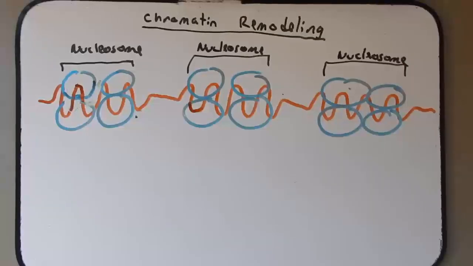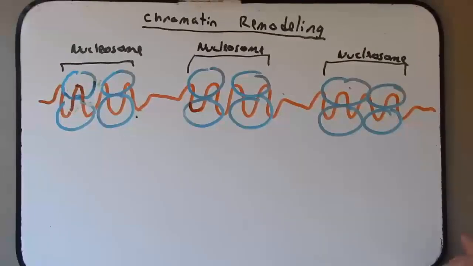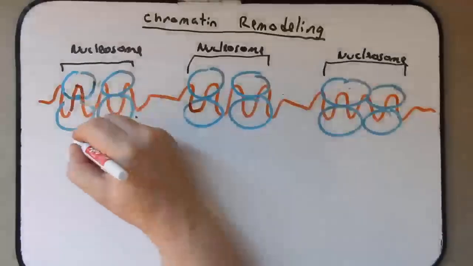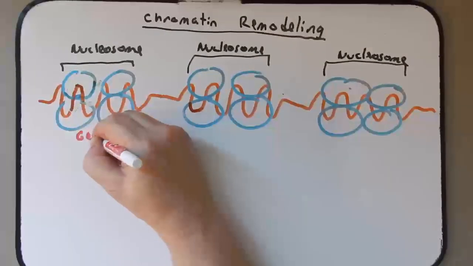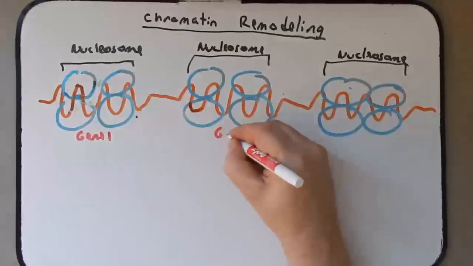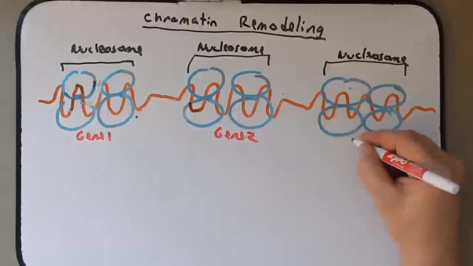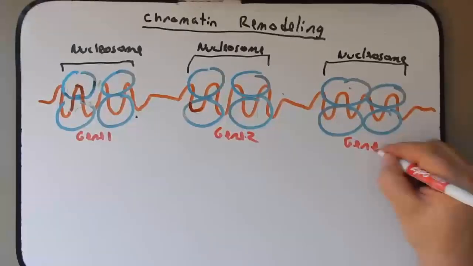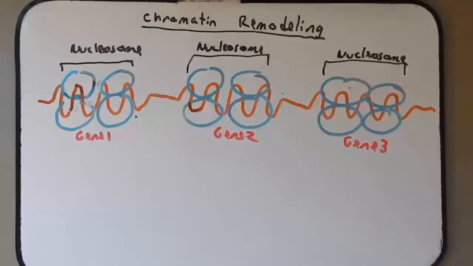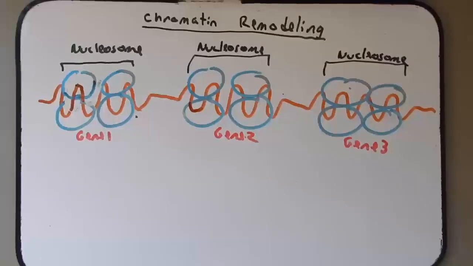But for simplicity, what I want to do is say that there is one gene here, which I'll just call gene 1, and there's a gene here, gene 2, and a gene here, gene 3. Just for simplicity in explaining how it is important to remove these histones.